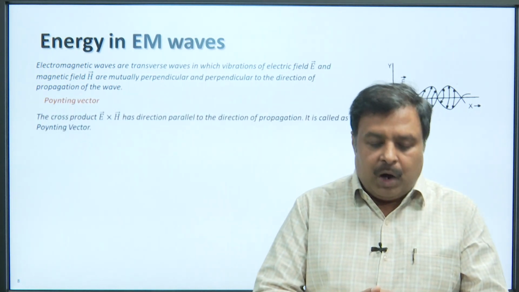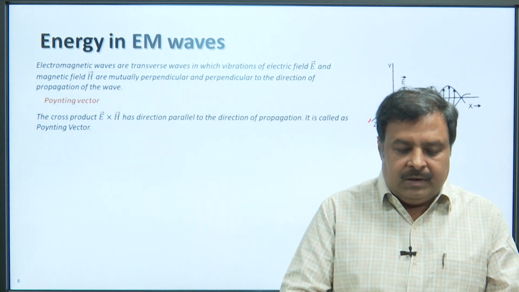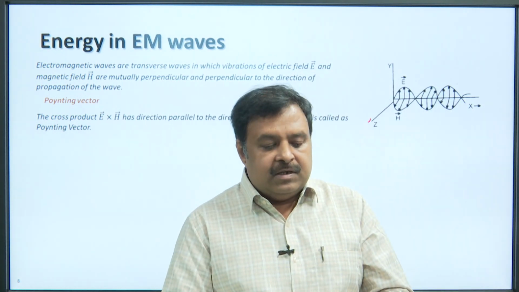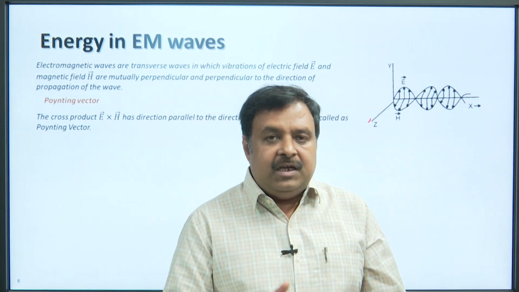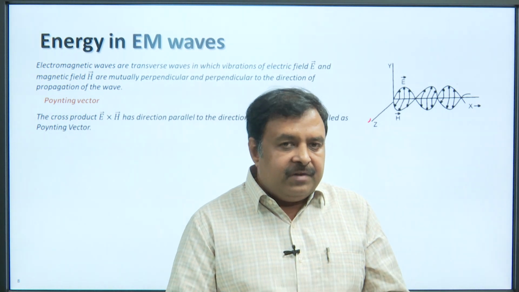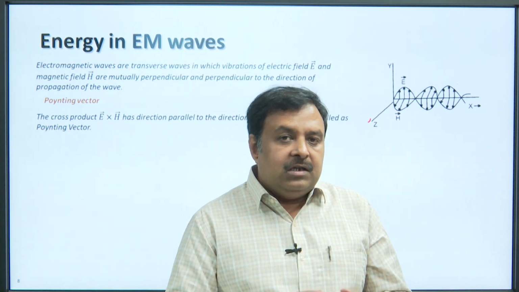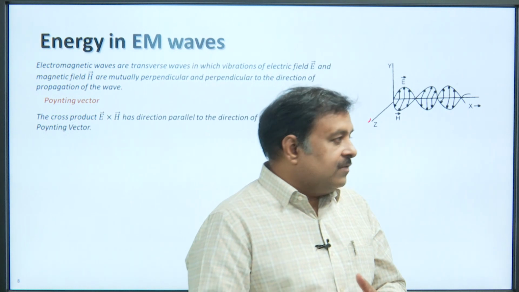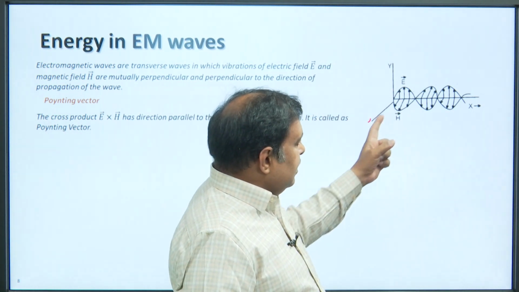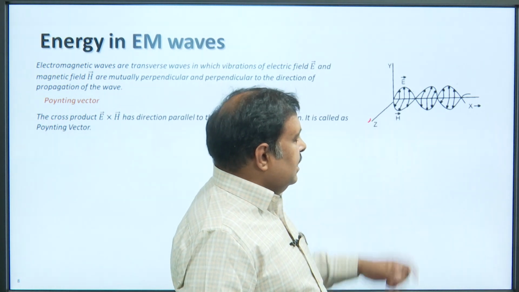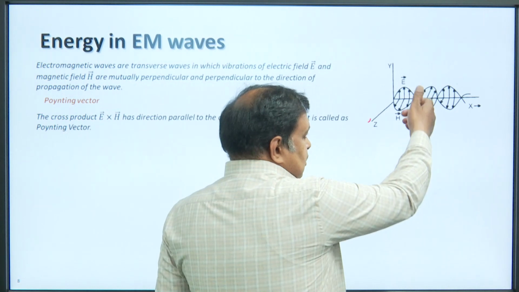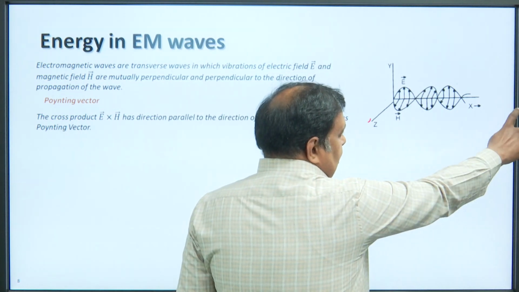So, let us define Poynting vector. The cross product of electric and magnetic fields E and H, that is E cross H, will have direction along the direction of propagation of the wave. If electric field is along y axis and magnetic field is along z axis, then what will be direction of E cross H? Direction of E cross H will be along x axis.